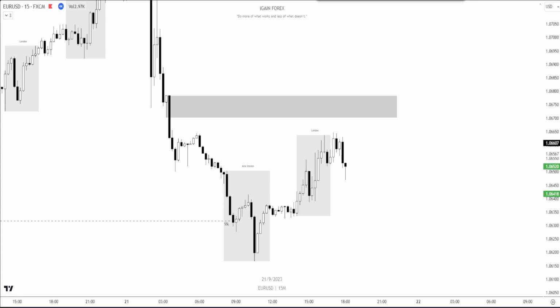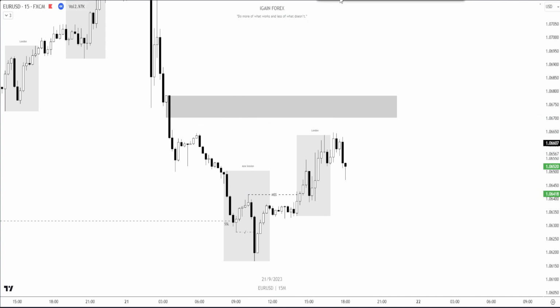Looking at this example here at our EURUSD on a 15-minute time frame. During the Asia session, we have here our liquidity sweep. And then on the London session, we have here our market structure shift happen.